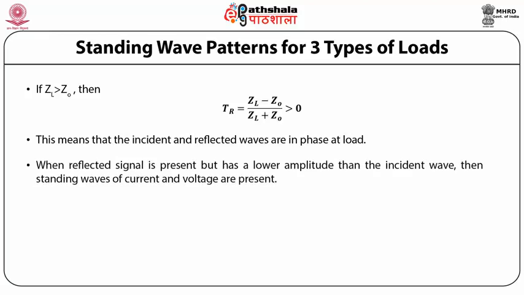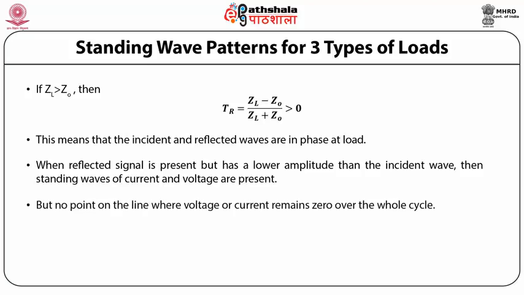Now when the reflected wave is present but has lower amplitude than the incident wave, then standing waves of current and voltage are present, but there is no point on the line where voltage or current remains zero over the cycle, as shown in this figure.